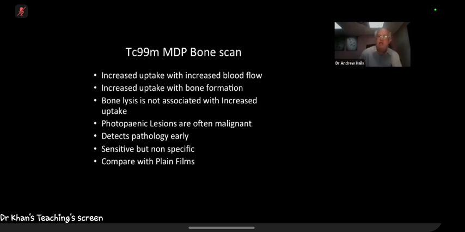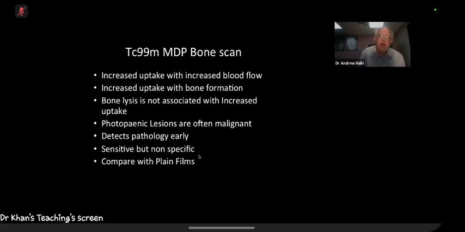So one of the problems you find is that if the patient has got just a purely, say, lytic metastasis, you won't get increased uptake. And photopenic lesions, which are now rather harder to see than hot lesions, are in fact quite often malignant. It's a very sensitive test, but it's also a non-specific test.